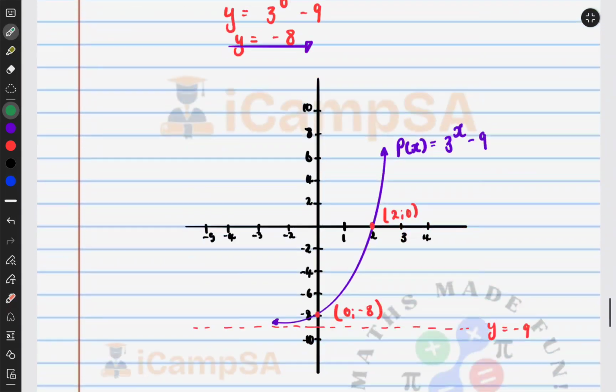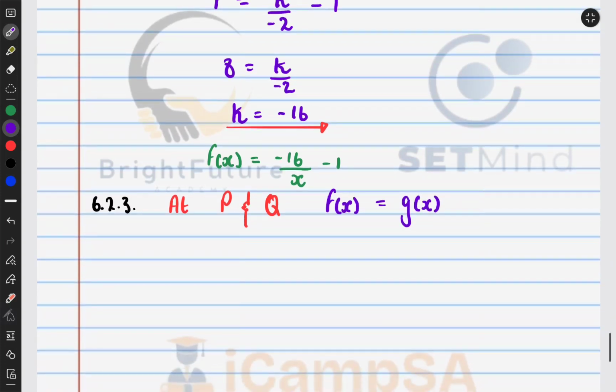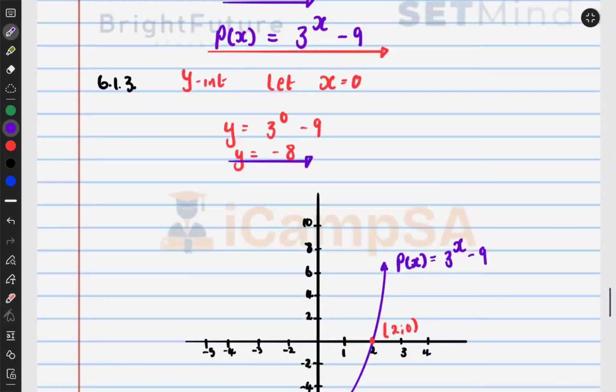So let me start by writing that down for 6.2.3. At P and Q, f(x) = g(x). That is where they intersect. f(x) = -16/x - 1 is equal to -x - 1, that is the equation of g.